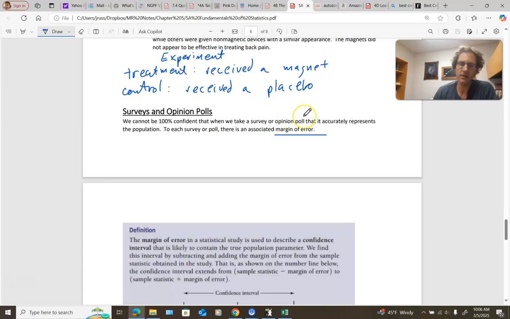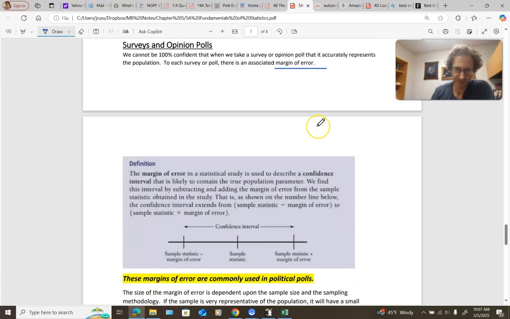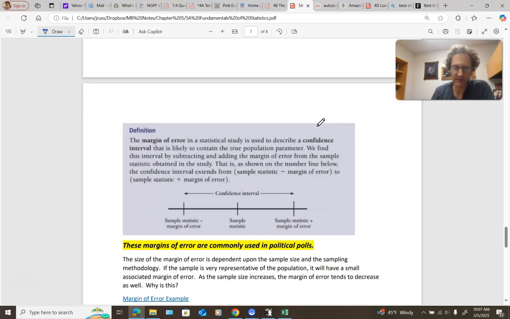Every time there is a political poll and the results are released, there'll be X% favor candidate 1, Y% favor candidate 2, and then there could even be a third category, but there will always be associated with that a margin of error. That margin of error is really an encapsulation of the uncertainty of the results yielded by the polling.